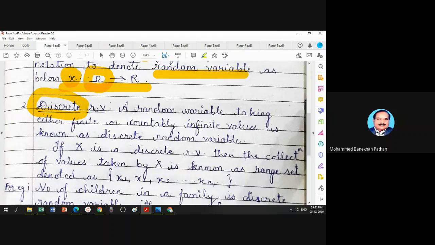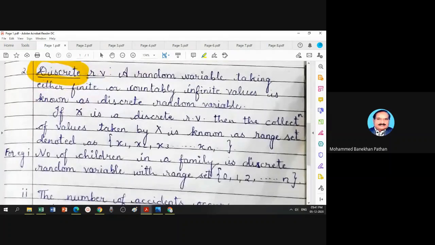A random variable having finite or countably infinite values is known as a discrete random variable. If capital X is a discrete random variable, then the collection of values taken by capital X is known as a range set.